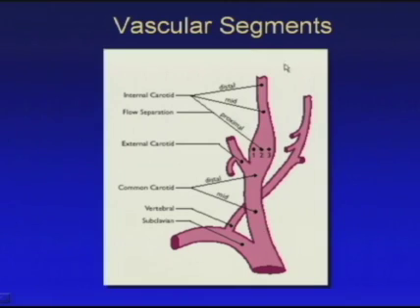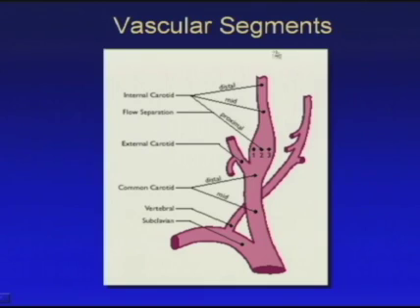Those are the vascular segments that can be assessed by using Doppler or advanced techniques of ultrasound. This is the common carotid artery, and we can observe the common carotid artery in the proximal, medial and distal portions.